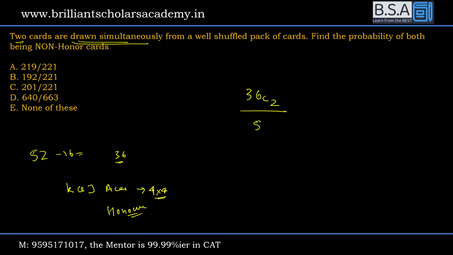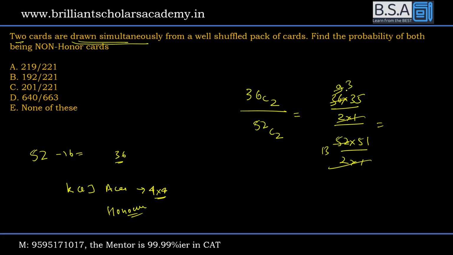Total cards कितने हैं? 52C2. तो your probability is 36 into 35 upon 2 into 1, over 52 into 51 upon 2 into 1. Cancelled. Make sure you are cancelling everything that can be removed. 4 into 9, 4 into 13. 3 into 3, 3 into 17.